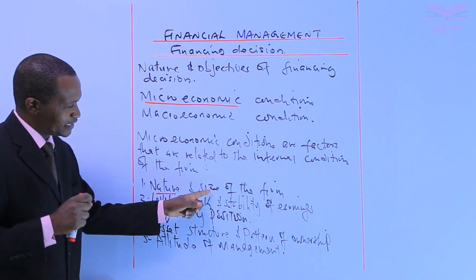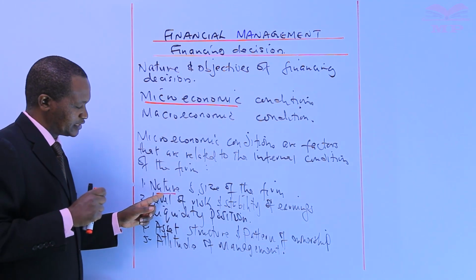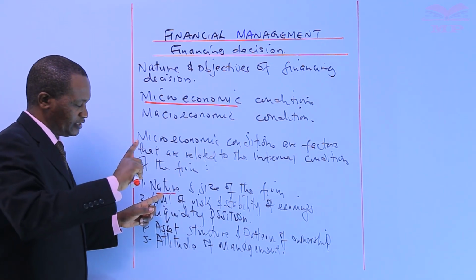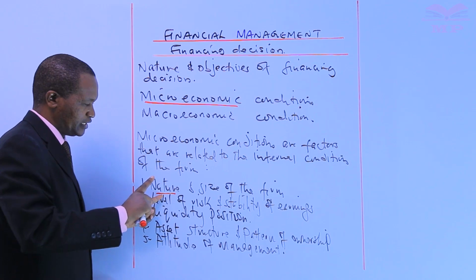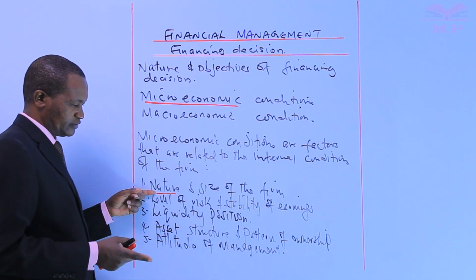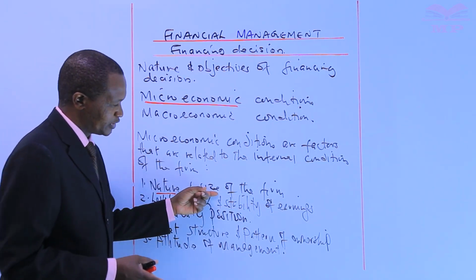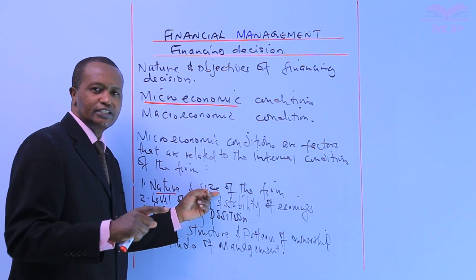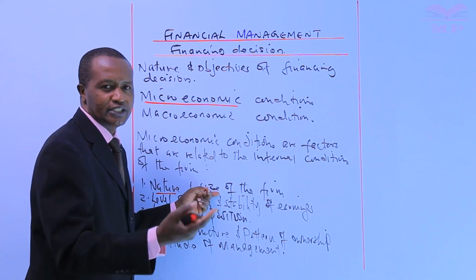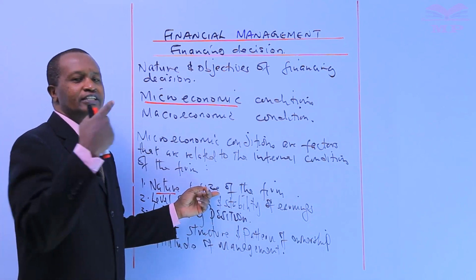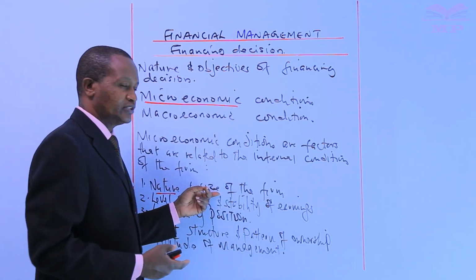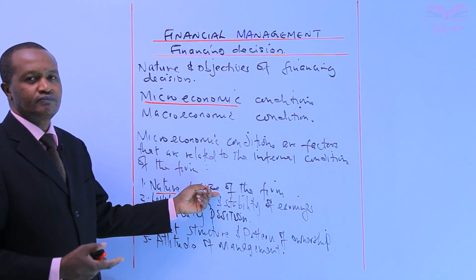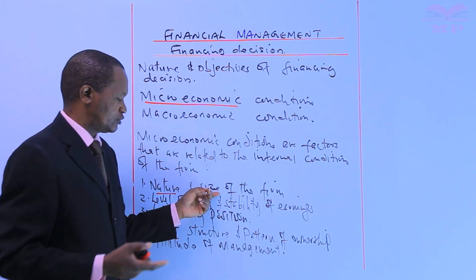We are discussing size. We will discuss the nature by looking at the nature. The nature could be, say, a manufacturing firm and a trading firm. That's the nature. Size, we have a small company and a large company. Companies that are large in size, companies that have, say, 1,000 employees, will need large capital.